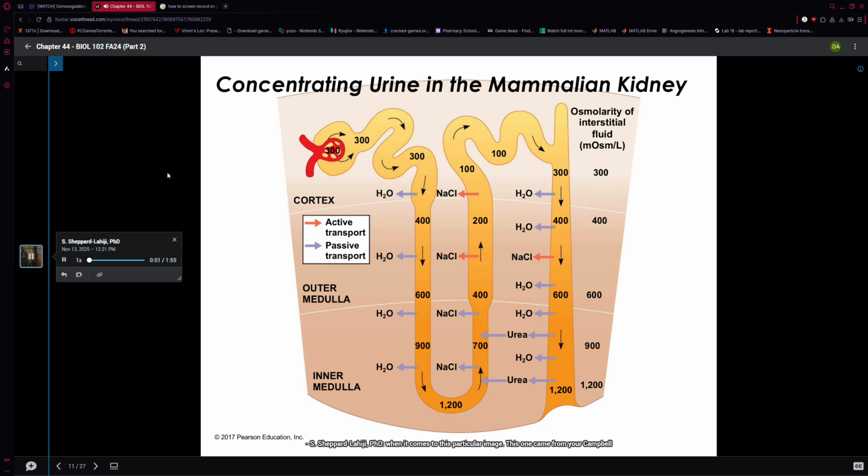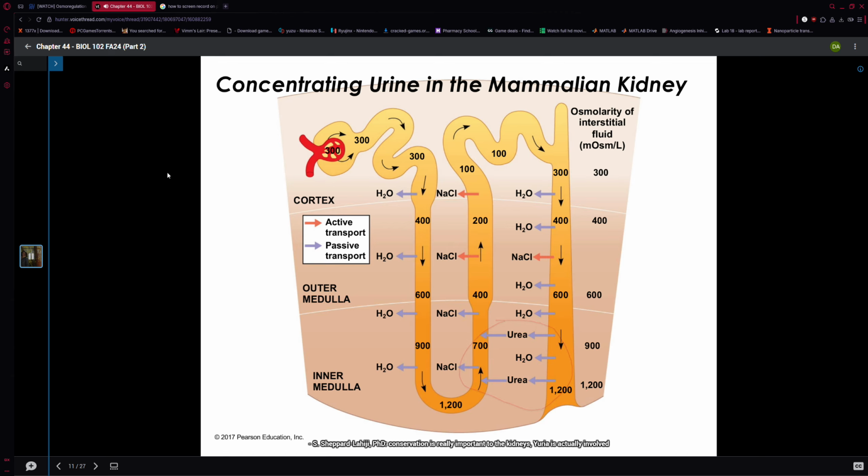When it comes to this particular image, this one came from your Campbell book as a way of explaining generating an osmolarity gradient within the kidney. But what I want to focus on in it is what's taking place here, which is the process of urea recycling and the medullary osmotic gradient. So when we discuss urea initially, we discuss it as a metabolic waste product, something that we want to get rid of.